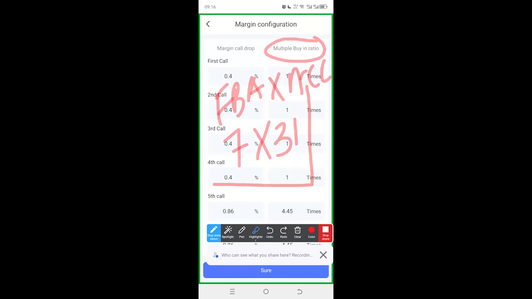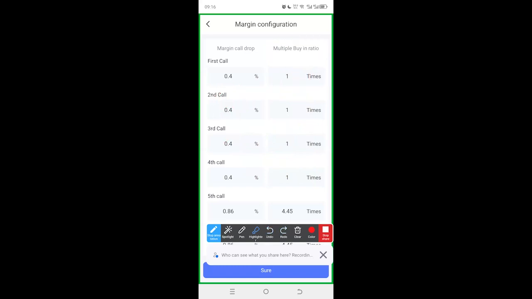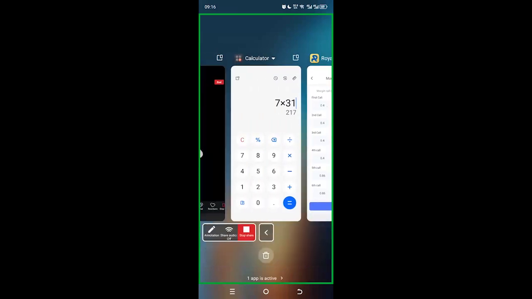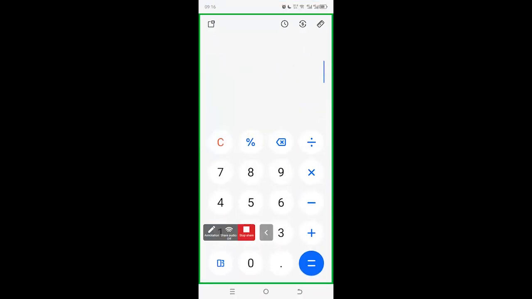So what am I going to do? I'm going to get the remaining capital. What is the remaining capital? It is 572. Someone says, where did you find the 72?